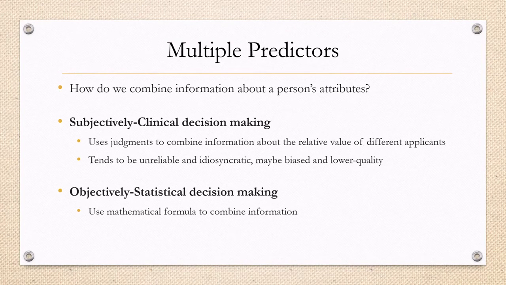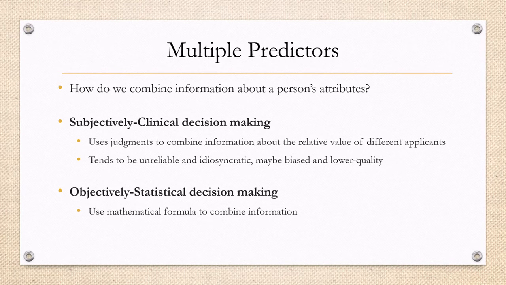So when we use multiple predictors, how do we combine this information? We can do it in a couple different ways. It can be done subjectively, called clinical decision making, using the judgments of management or those on the selection committee to combine information about the relative value of different applicants.